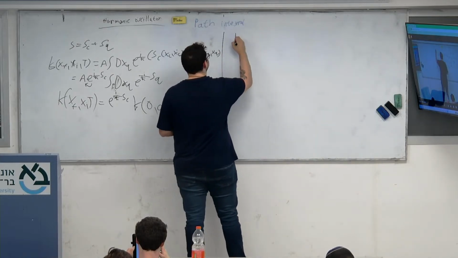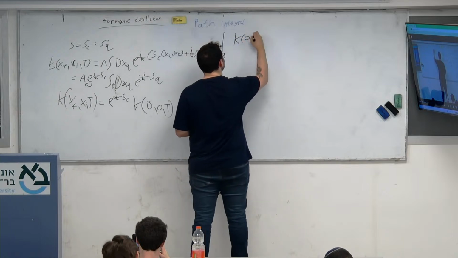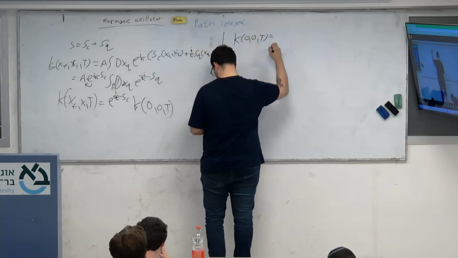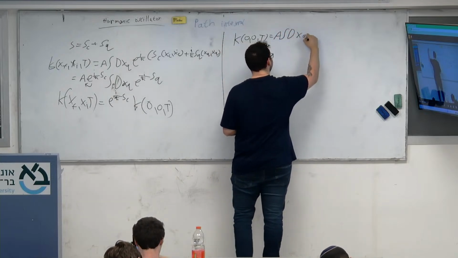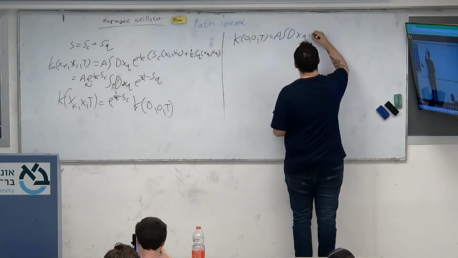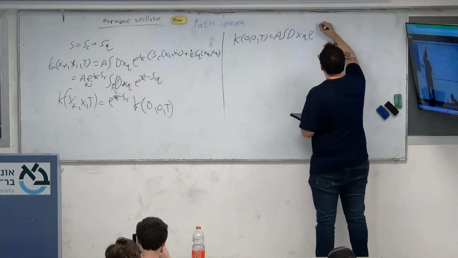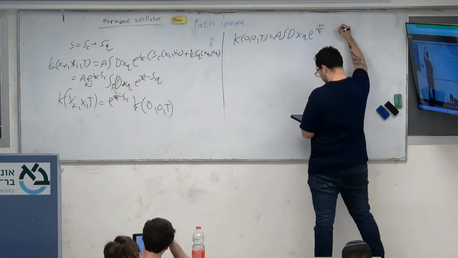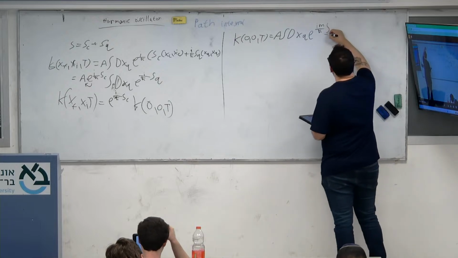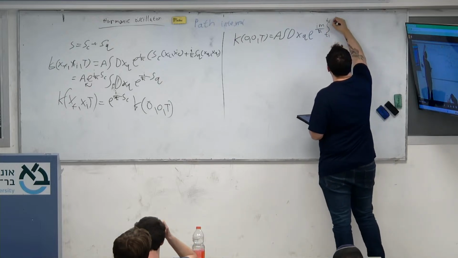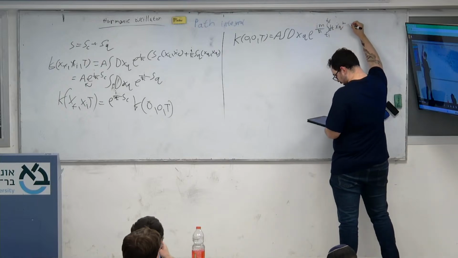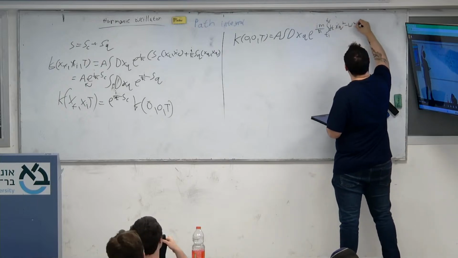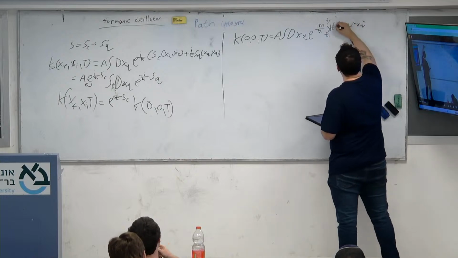Now, K_0(0, T) equals A, D, Q, E, I, M by H bar, from Ti to T, x dot q squared minus omega squared x q squared.